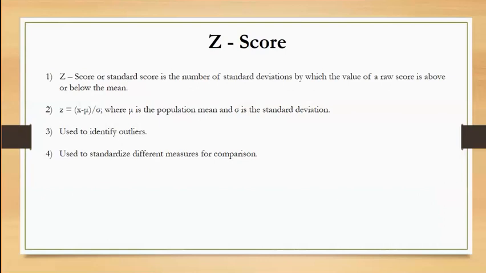So the z-score has 2 important applications in machine learning. First thing, it is used to identify outliers. I hope you know what is meant by an outlier. An outlier is a data point which is very much different in value from the rest of the data. So how can I identify an outlier using z-score?